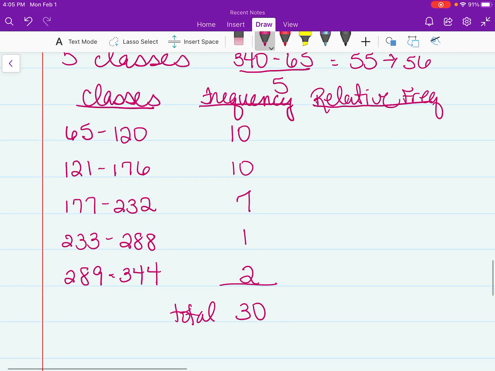So if I use that definition, this would be 10 divided by 30. So that's 1/3 or 0.33.